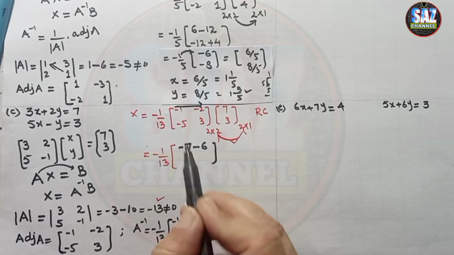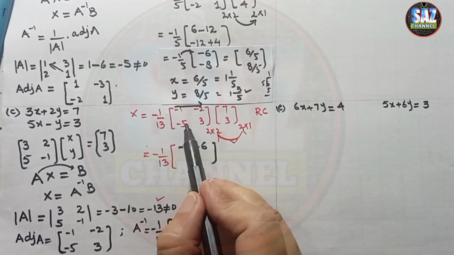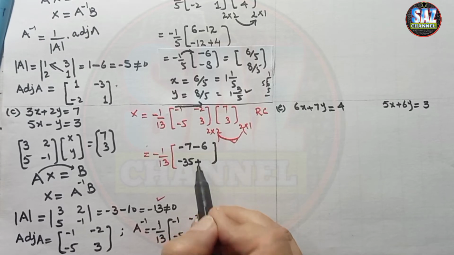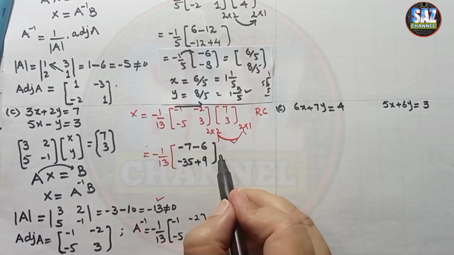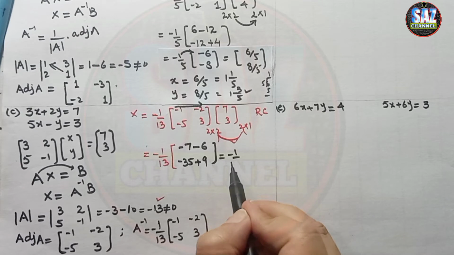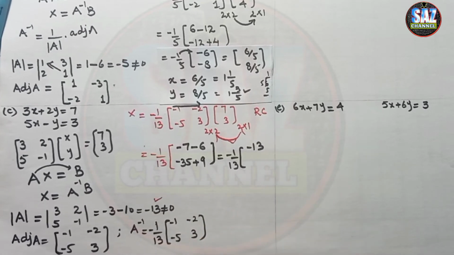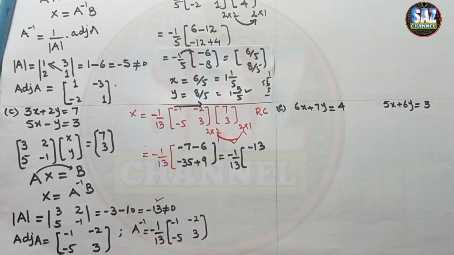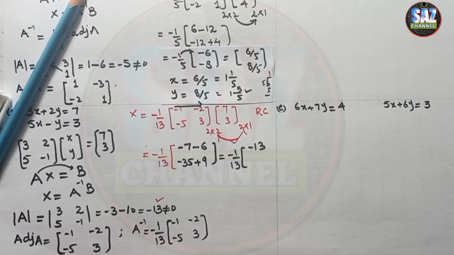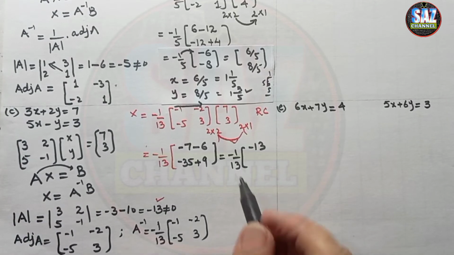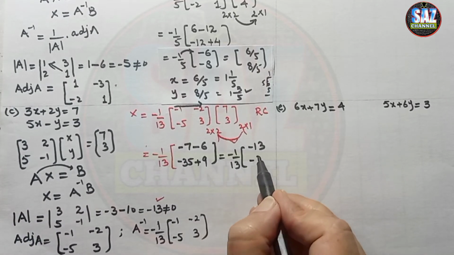Now come to the second row. Minus 5 times 7 is minus 35 plus 9. And the question will take the form minus 1 over 13 into minus 13, and 35 minus 9 gives me minus 26, and 26 with negative sign.